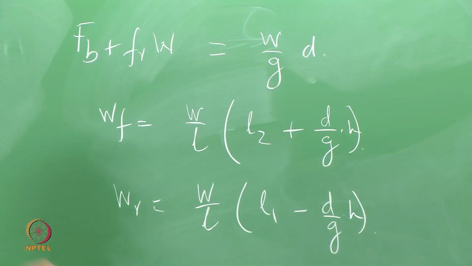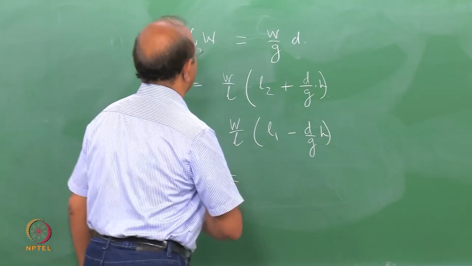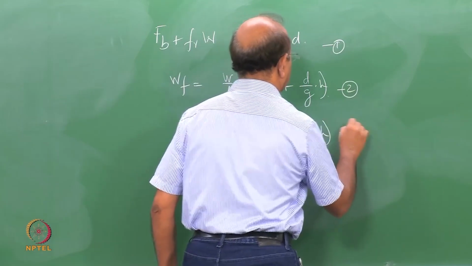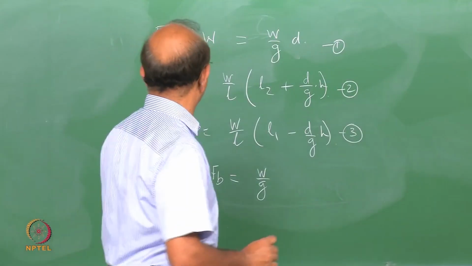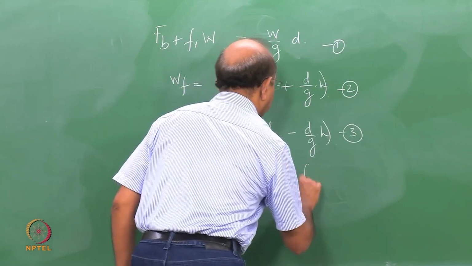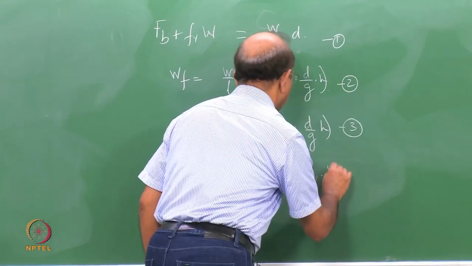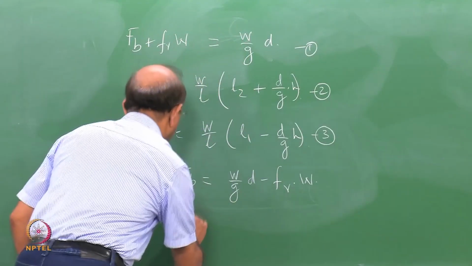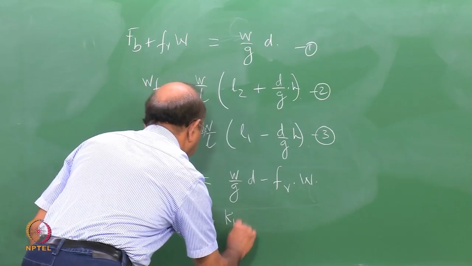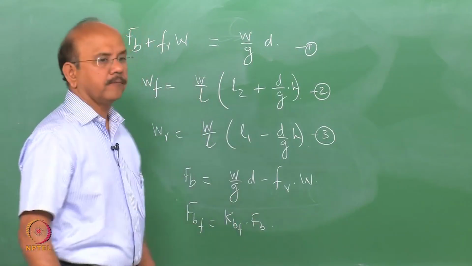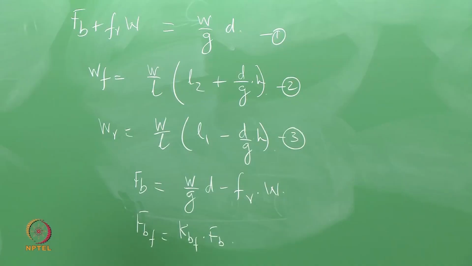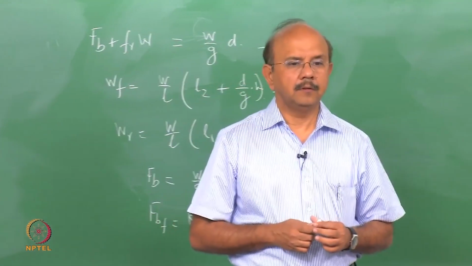Now, let me write down Fb from the first equation, call that the first equation, second equation, third equation, is equal to W by g d minus Fr into W. And I also know that the front braking force is equal to KBF into FB, and the rear braking force to be KBR into FB, right?